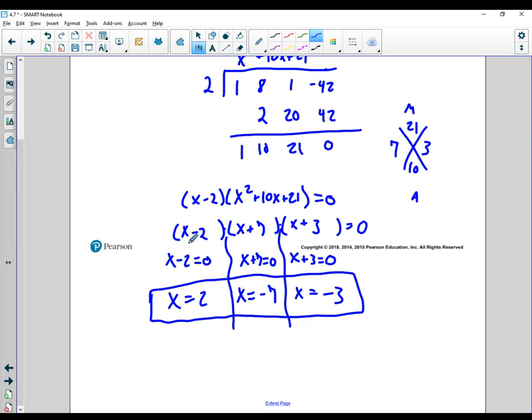And you might see the pattern, right? The x is just kind of the opposite of what's here because 2 minus 2 is 0, negative 7 plus 7 is 0, so that's why it's kind of always the opposite. But this is a good habit to do this line because if you end up getting something like 2x plus 3 times x minus 5 equals 0, right? Well, this one's the easy one, x equals 5, right?